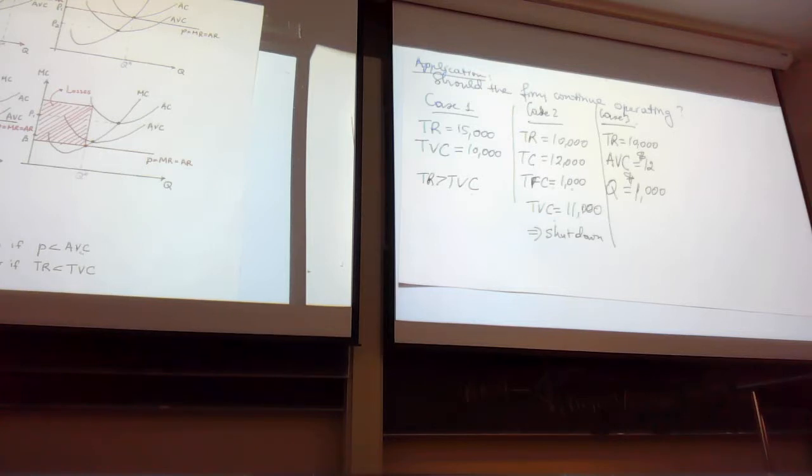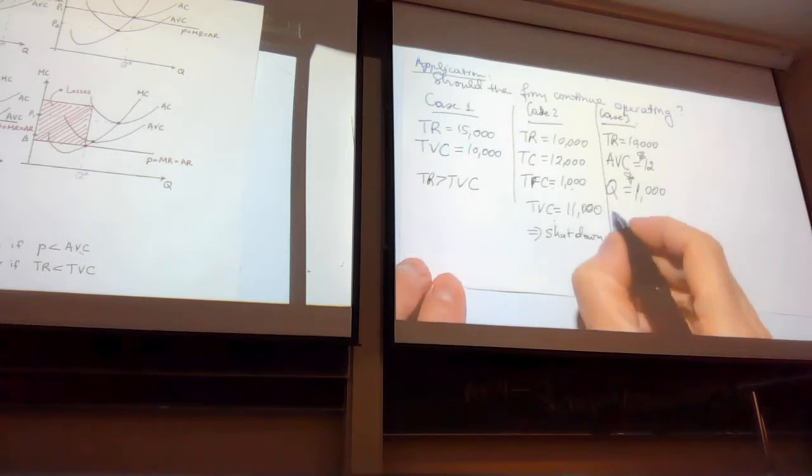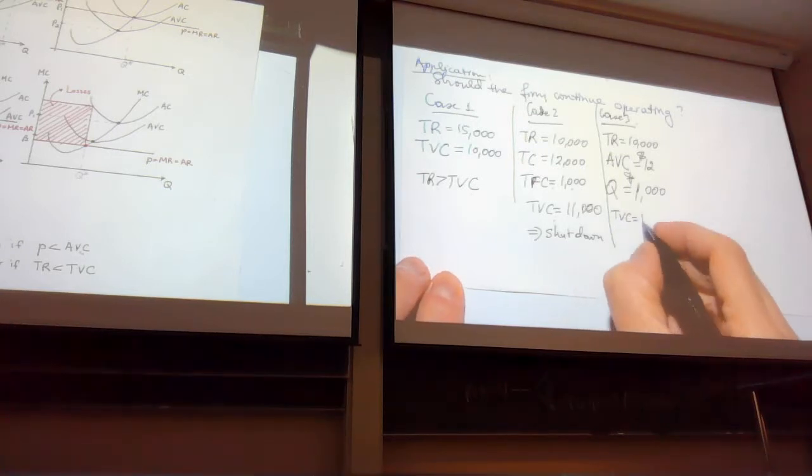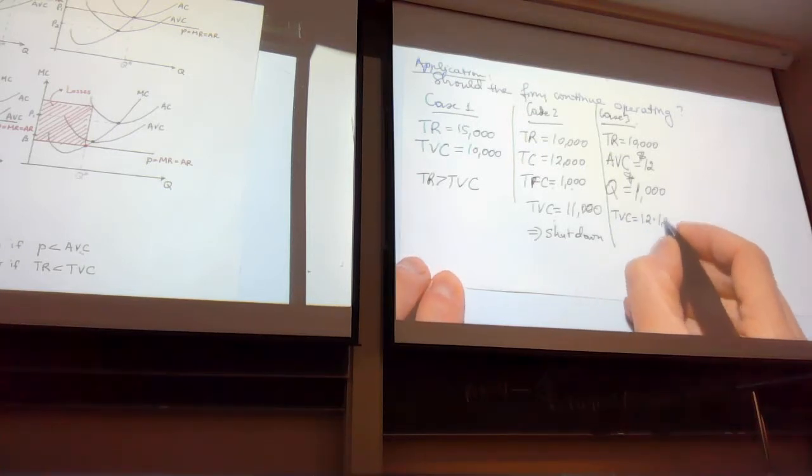How would you do it? Give us your idea. Yes? Yes, you can easily get total variable cost by multiplying the $12 times 1,000.